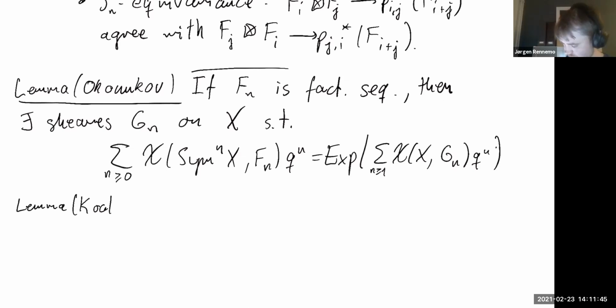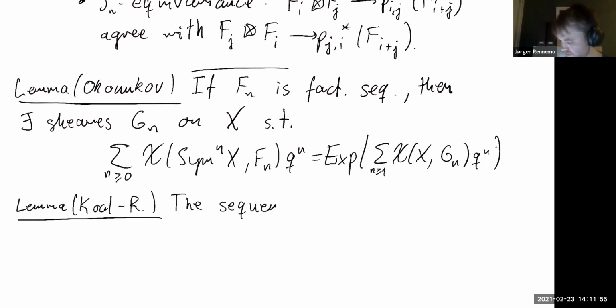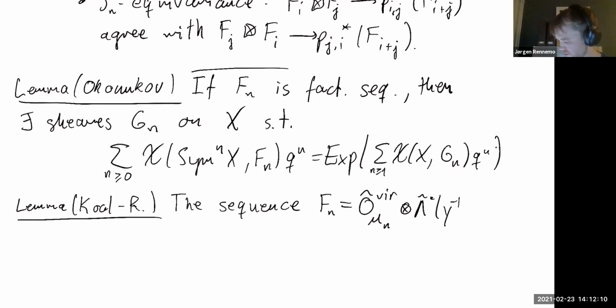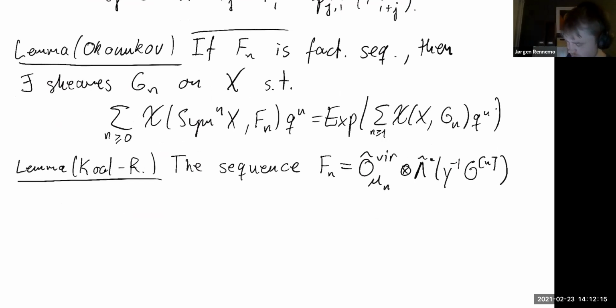Well, maybe it's more than a lemma here, but we show that the sequence, this thing tensor with the insertion, so this doesn't really make sense. So this is a K-theory class.